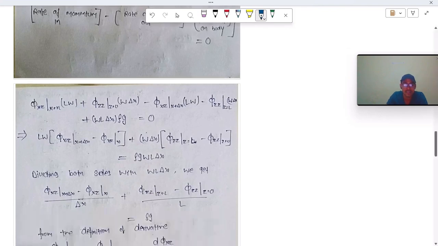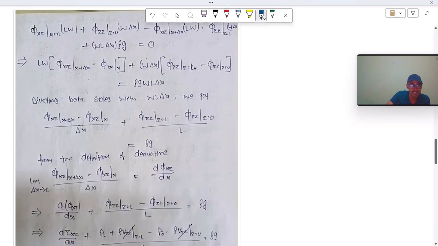This is the term. So now we will divide the whole term by W L delta x to get this expression, that is phi xz at x plus delta x minus phi xz at x, upon delta x, plus phi zz at z is equal to L minus phi zz at z is equal to 0, by L, is equal to rho into g.